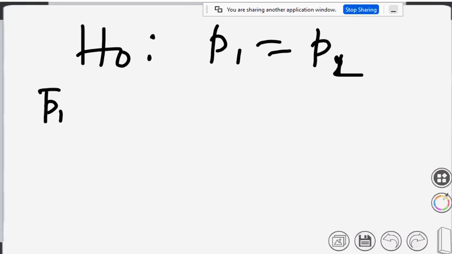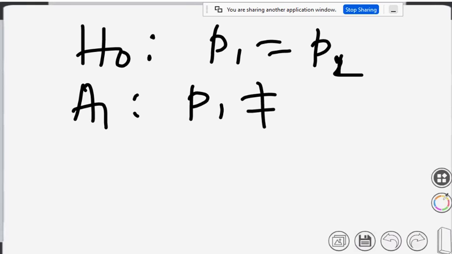Then you have to write down the alternate hypothesis. What will be the alternate hypothesis? Whether the data reveal a significant difference between urban and rural, nothing is specified, greater, less, something like that is not given. So we'll take that as P1 not equals to P2.